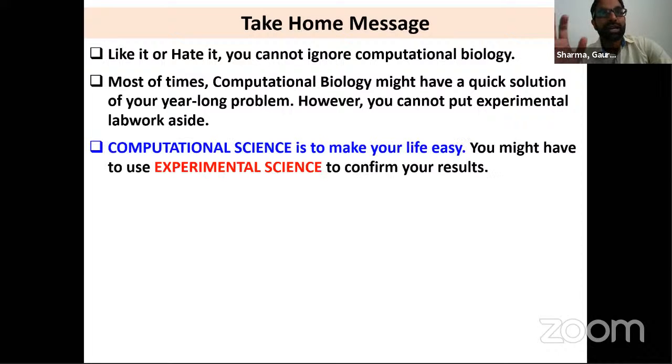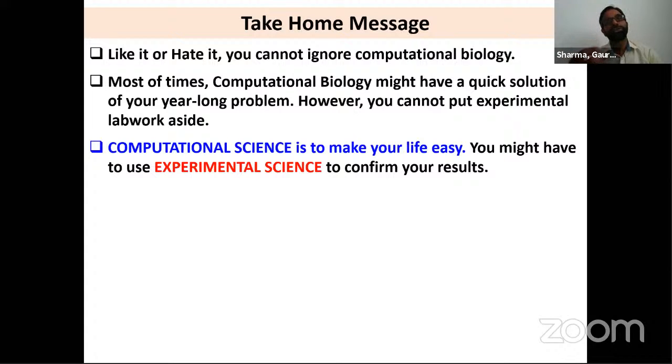Computational science is to make your life easy, and you might still have to use experimental science to confirm your results. But let's say you have a very big data set, or a soil sample, and you want to know which microbe is present in abundance, and you try to do it using experimental biology, it will take, let's say, 2, 3, 4 months.